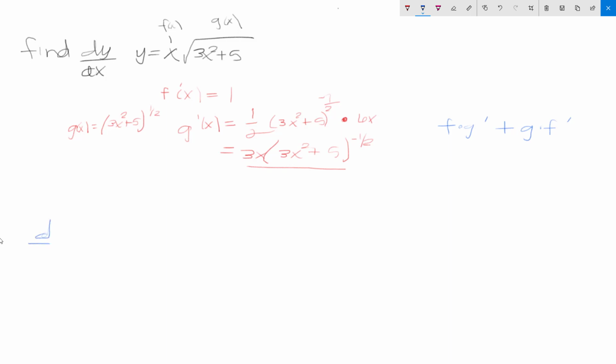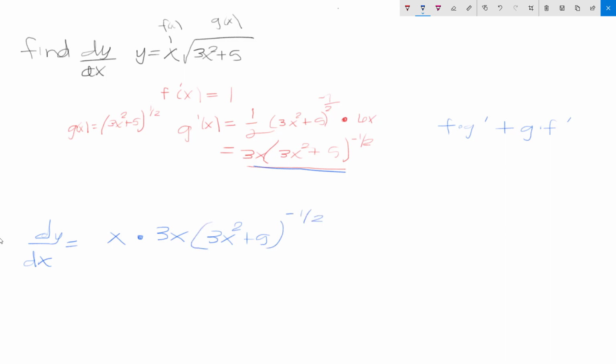So dy/dx equals f, so x, times g prime. Well, that's what I just found right here. So that's 3x times 3x squared plus 5 to the negative 1/2.